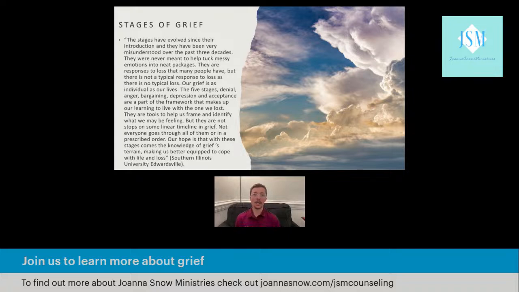And again, some people don't even get through all the stages. Some people get through the stages and then fall back into some of the previous stages. So it's not just a linear progression all the time. But I thought this quote was just perfect. It really summed up this session tonight really well.